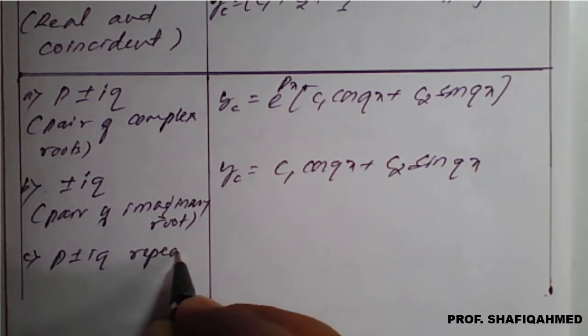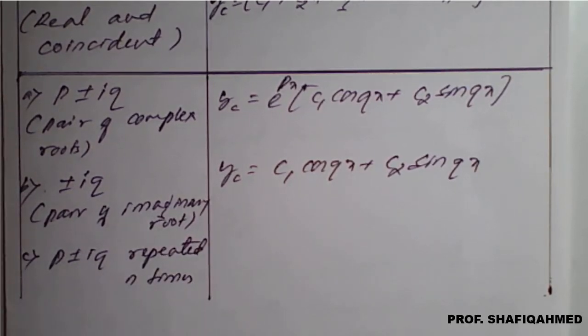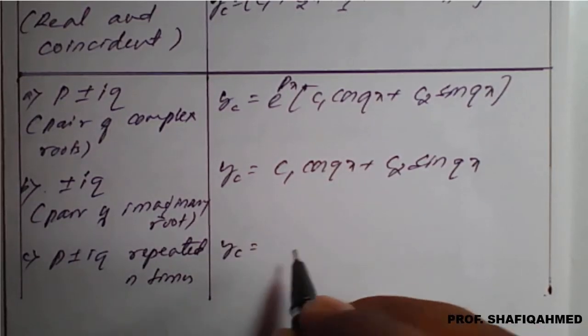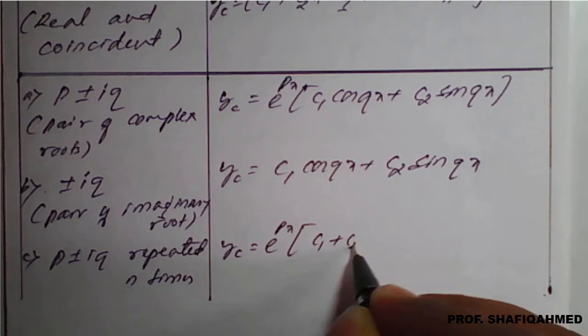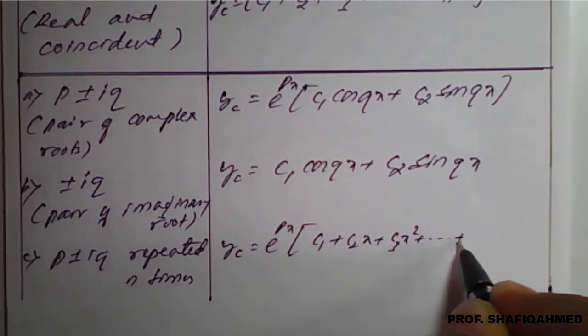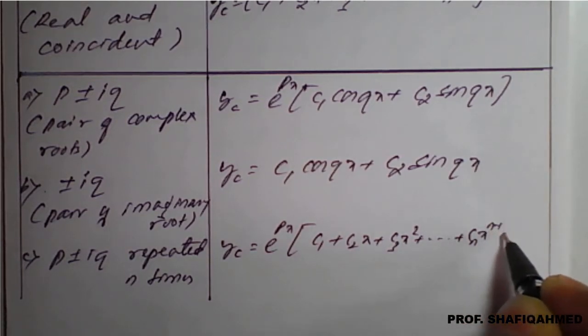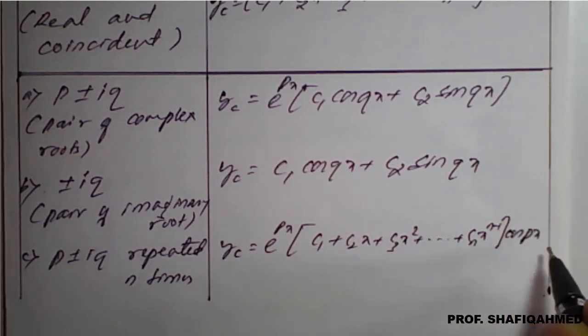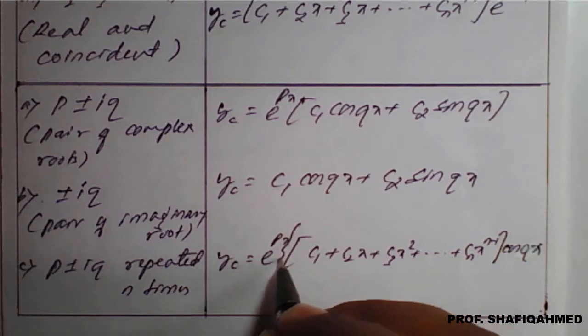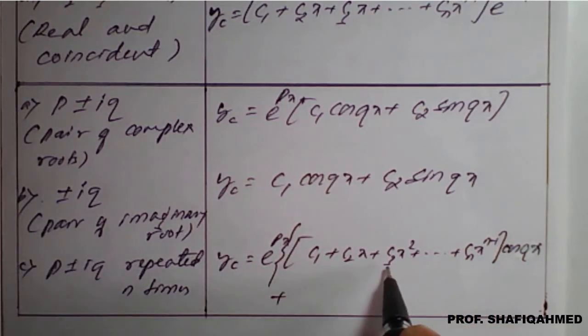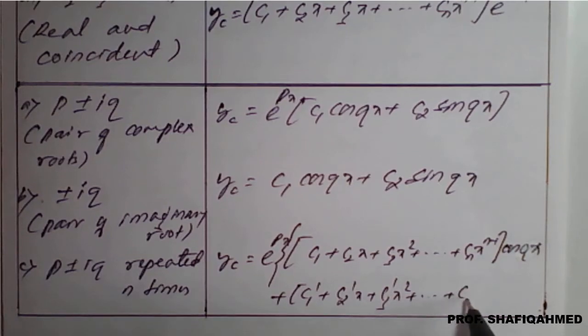Let's see how to write the complementary function. yc is equal to, if it is repeated n times, e raised to px times the bracket c1 plus c2x plus c3x squared plus so on, cn x raised to n minus 1, into cos of qx, plus next, c1 dash, c2 dash x, c3 dash x squared, plus so on, cn dash x raised to n minus 1, into sine of qx.